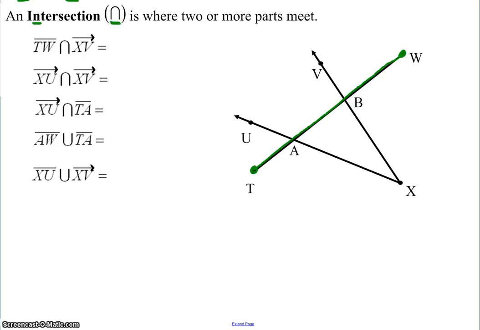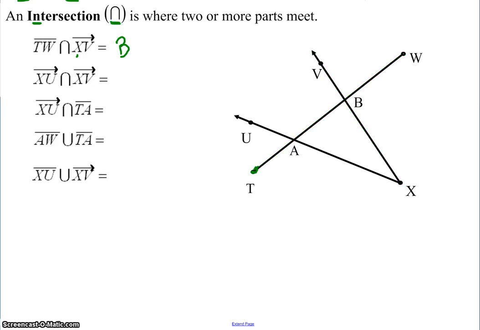That's starting at X, this is the endpoint X, and going through V. Now notice how I don't just stop at V, I continue through V forever in that direction. Where do those 2 hit each other? Well, you can see they hit each other right here, they intersect at point B. Now you don't have to write the word point. Remember, whenever you want to name a point, you can just use a capital letter. So that's where those two intersect.